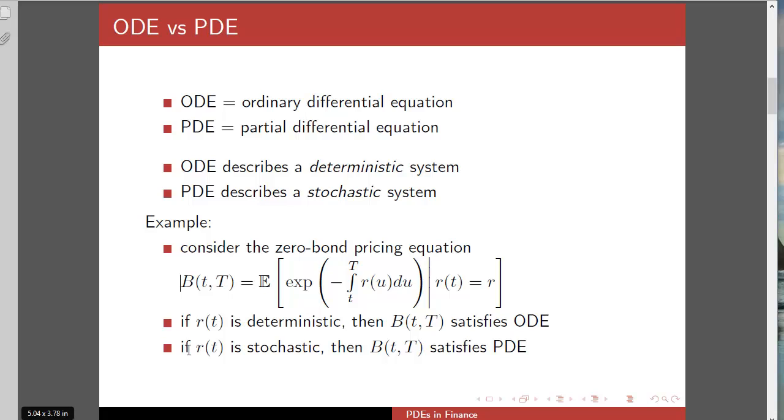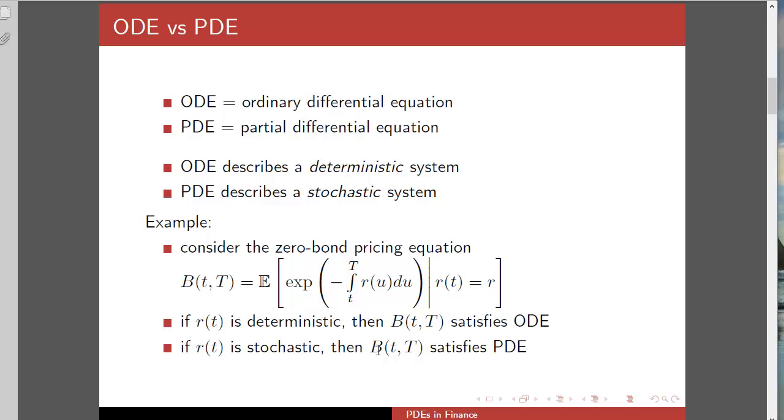On the other hand, where R is stochastic, you can assume any short rate process such as Vasicek or the CIR model, then B would satisfy a PDE.